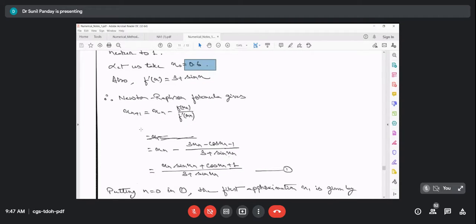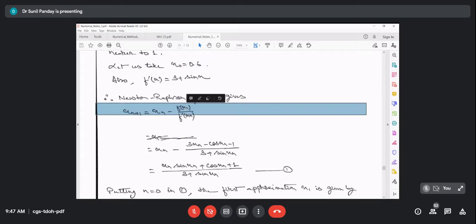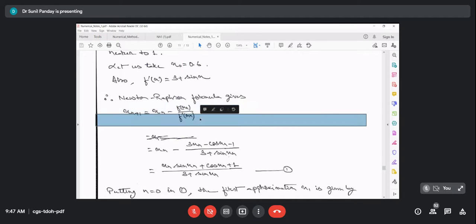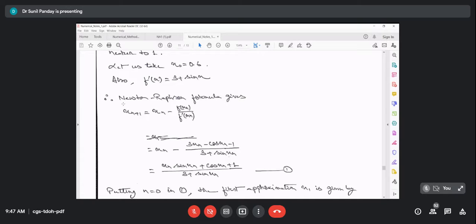So when solving problems, we write this function f of x and f of xn. This is the general Newton-Raphson method: x(n+1) equals xn minus f of xn divided by f dash of xn. In the previous example, we separately calculated f of x1 and f of x2, and then f dash of x1, and then substituted here.